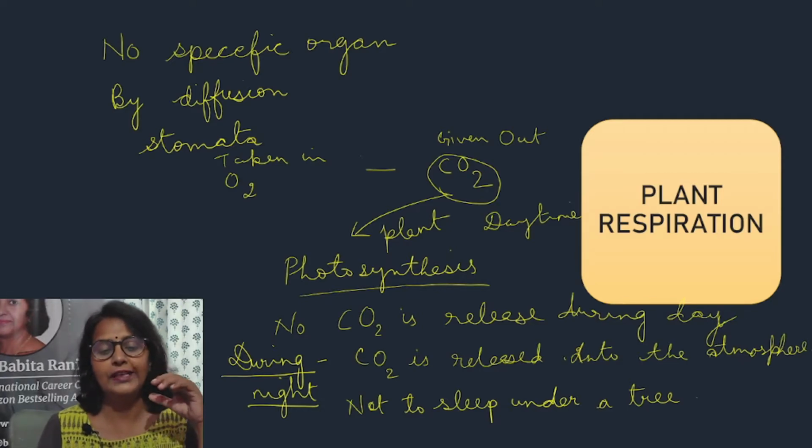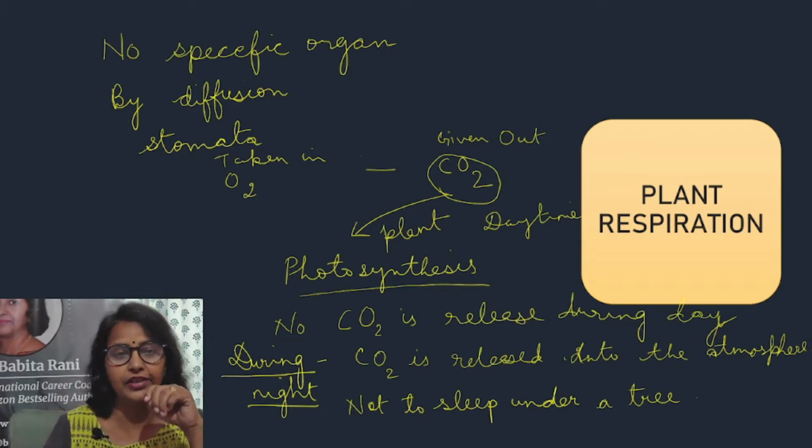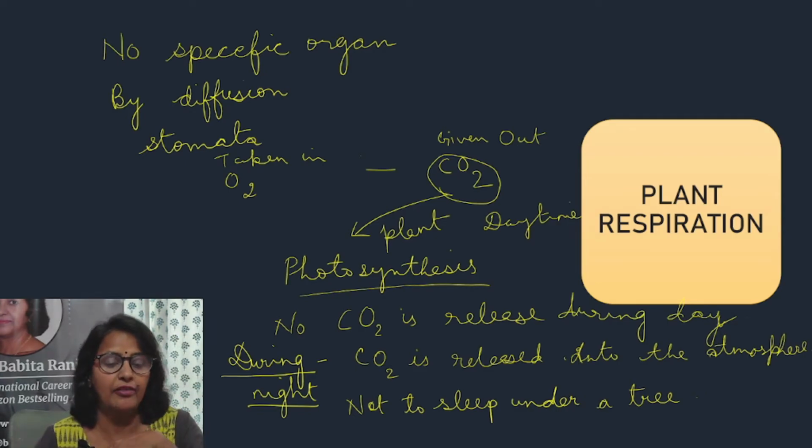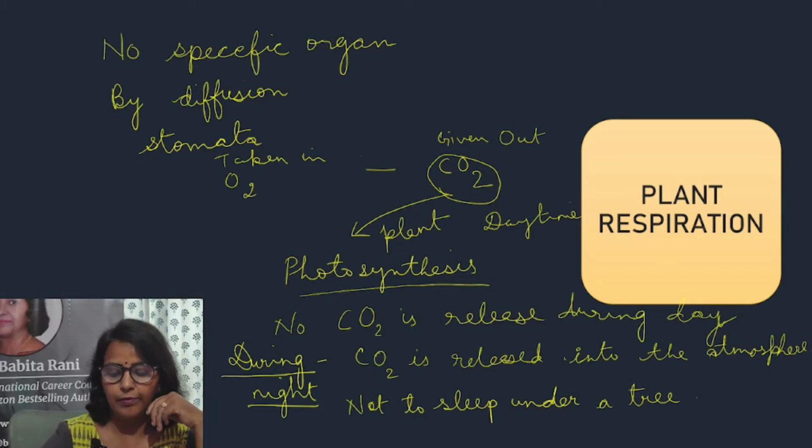The O2 taken during daytime is converted into CO2 during respiration, but that CO2 is again utilized by the plant for photosynthesis. So no CO2 is released during the day, but during night CO2 is released into the atmosphere, and that is why it is advised not to sleep under a tree during night. So this was all about plant respiration.